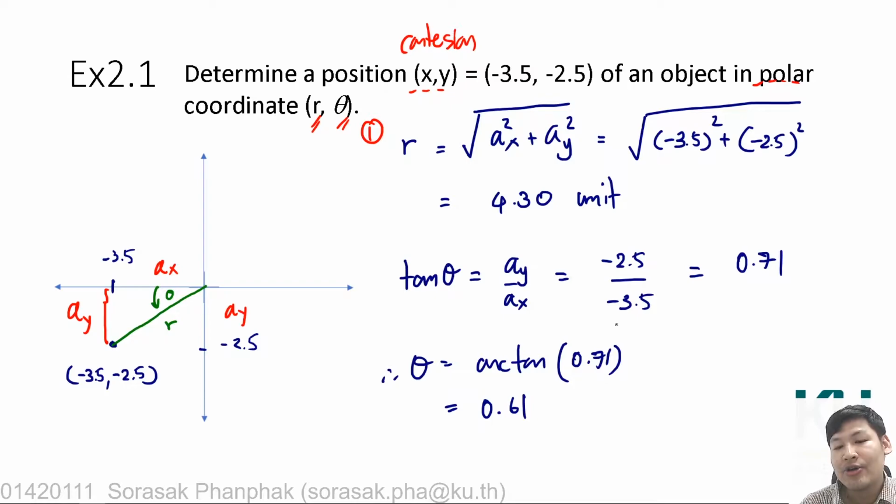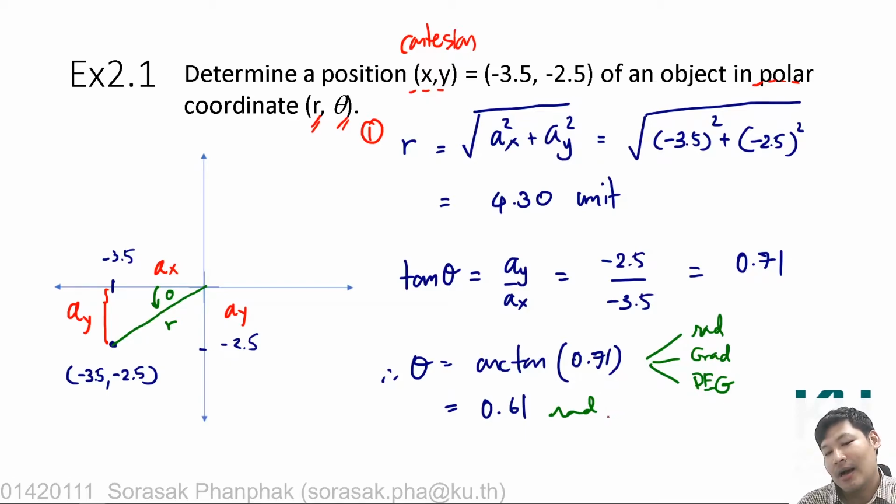Make sure you use the right unit, so it's going to be radian or degree, right? If you use radian, you get this result. In most of physics about angles, we rather use the radian unit than the degree unit.